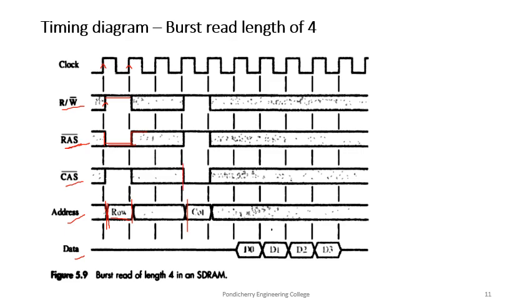So initially the row address strobe is active, and this latches the address bus content to the row latch. After 2 cycles only the column address strobe can be activated, because this address latching requires 2 to 3 cycles. In this case we assume it requires 2 cycles, and then the column address strobe is activated here, which latches this column address.